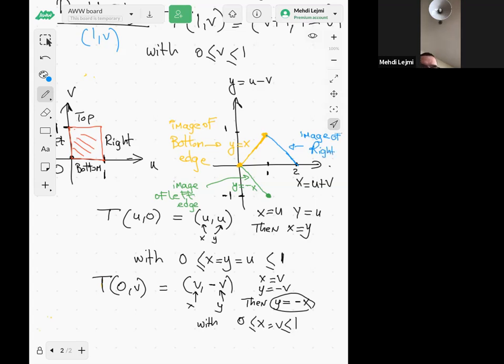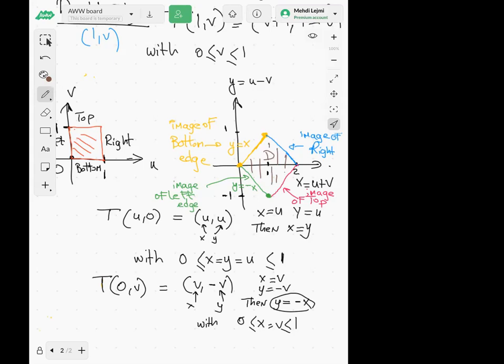And finally, the image of the top edge would be this line or this side here. This is the image of the top edge. Okay. So actually, the image of your square is going to be this square here. So this is, of course, I'm going to use probably a brown here. All right. So here's the image. This would be this square here. Okay.